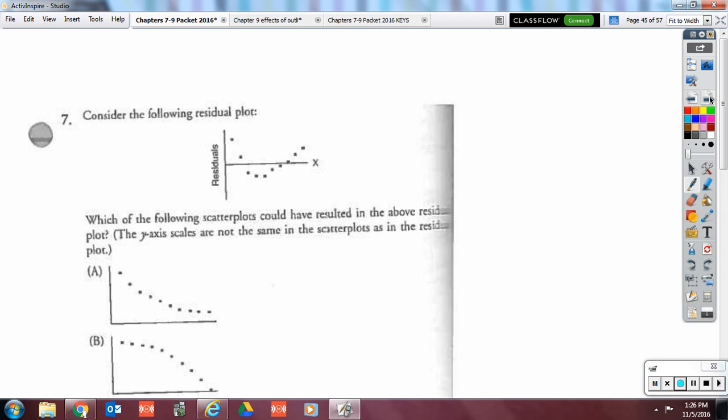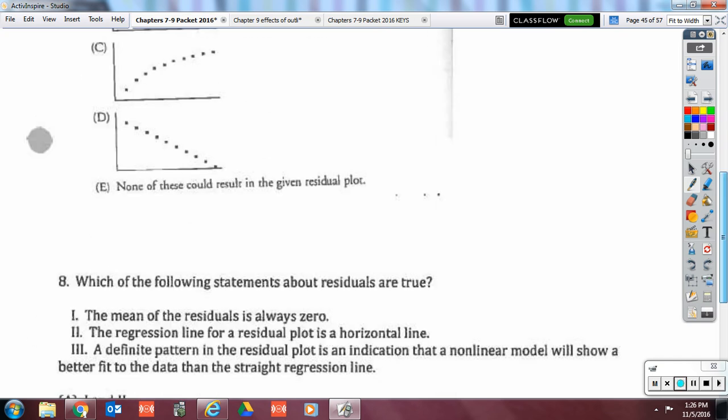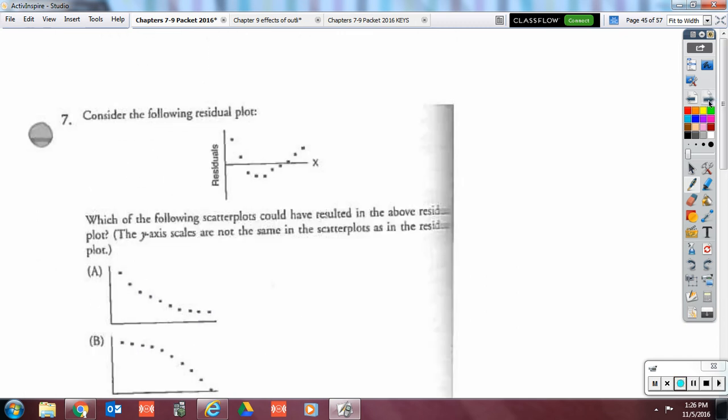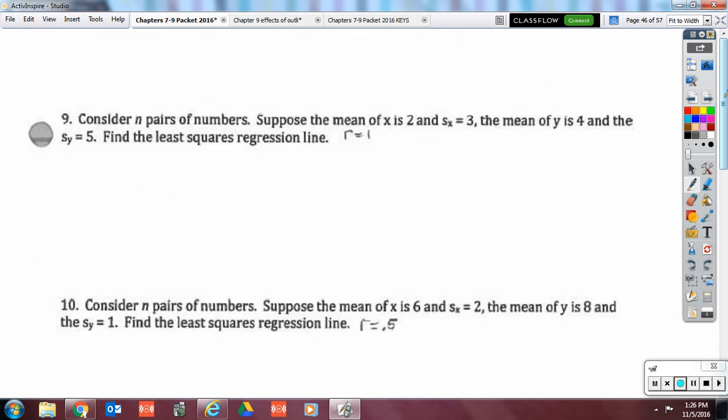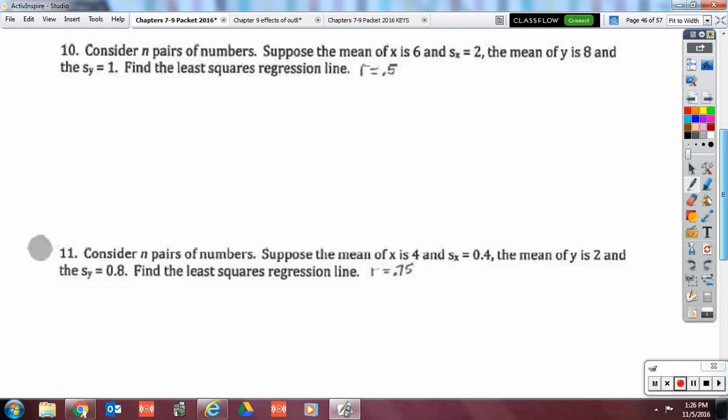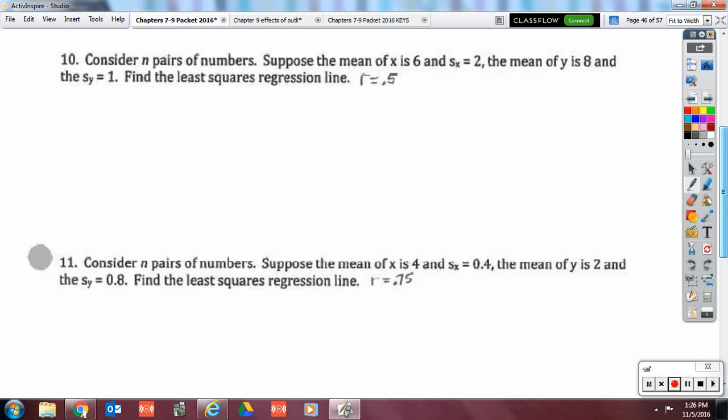And then the next ones are multiple choice questions. There are only 2 problems on that page, and then this one is a review of what you did yesterday when you were given the correlation and the standard deviations and the mean point and all that. So problems 9 through 11 on page 37 are a review of yesterday.